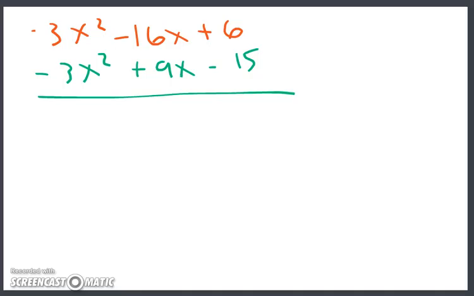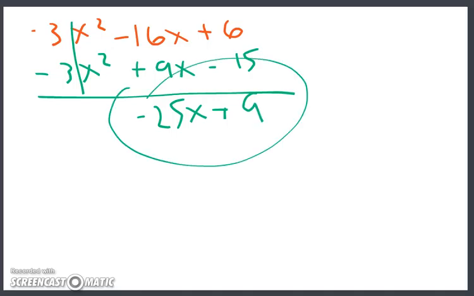And now the x squared terms will cancel again. Negative 16x plus 9x will get you negative 7x. And negative 6 minus 15 will get you negative 21. Now this is your remainder.